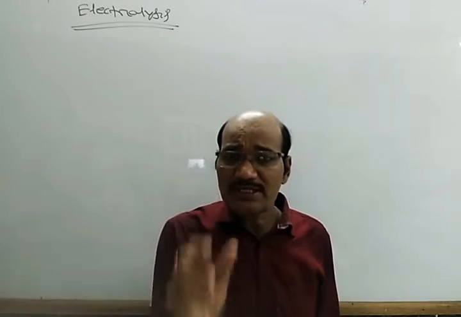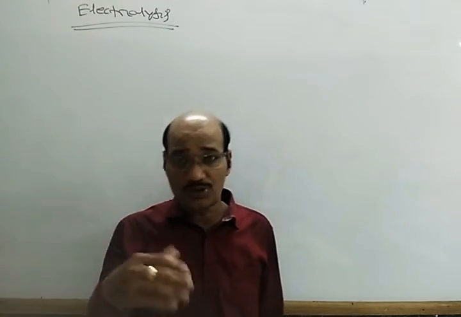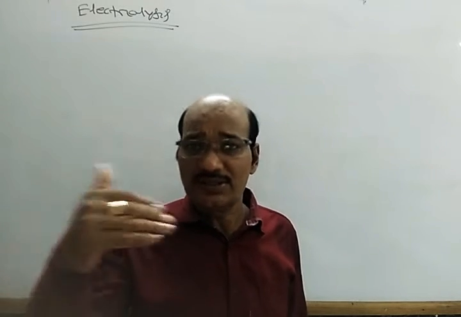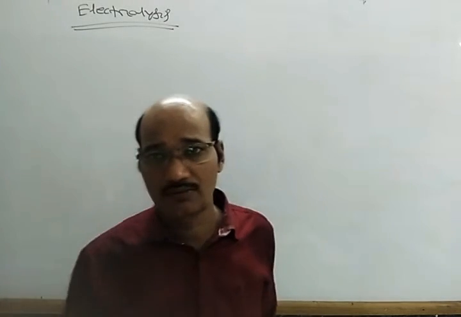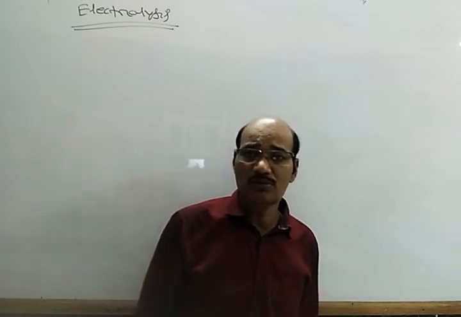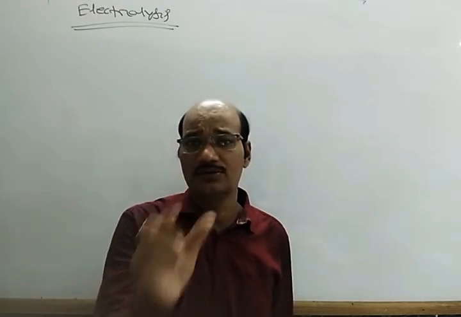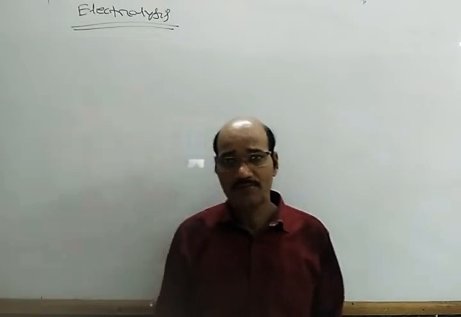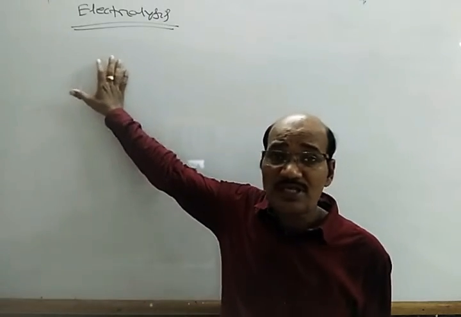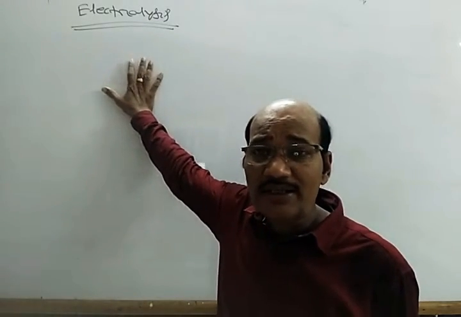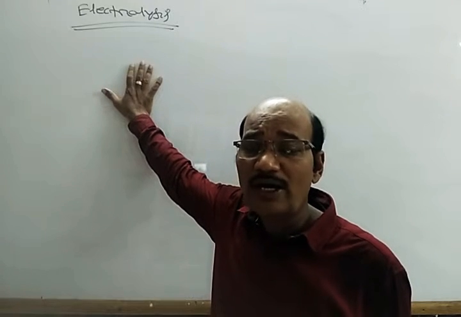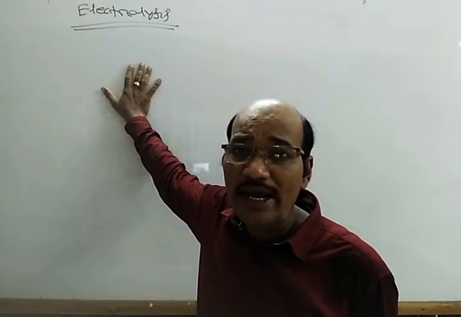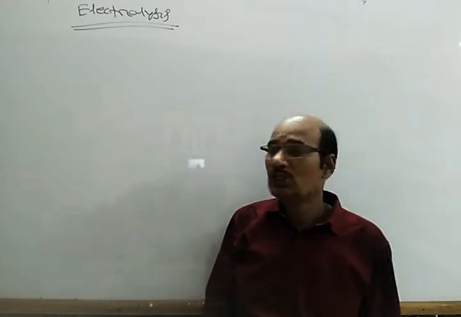So the process where electrical energy is causing the chemical changes is called electrolysis. So electrolysis is the process of decomposition of an electrolyte when electric current is passed through it. And for this process of electrolysis, we are taking a device called electrolytic cell or electrolytic tank.